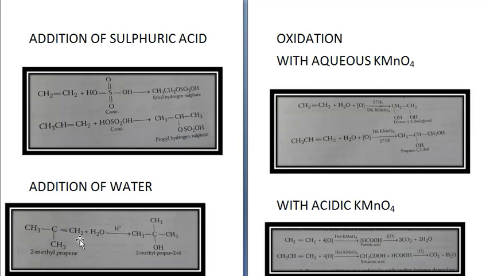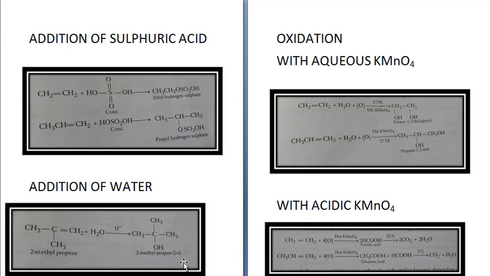So OH will get attached to the carbon C over here and CH2 will become CH3. So what do you get as the product? 2-methylpropan-2-ol. Alright, so water also follows Markovnikov's rule.